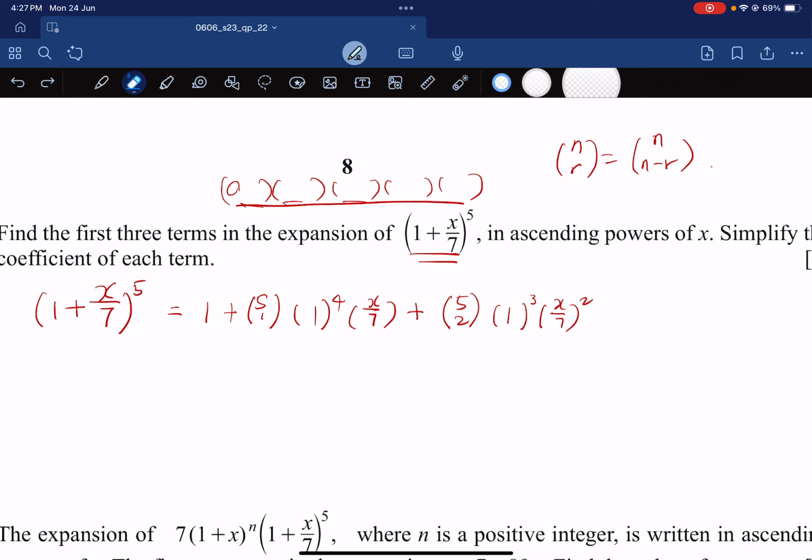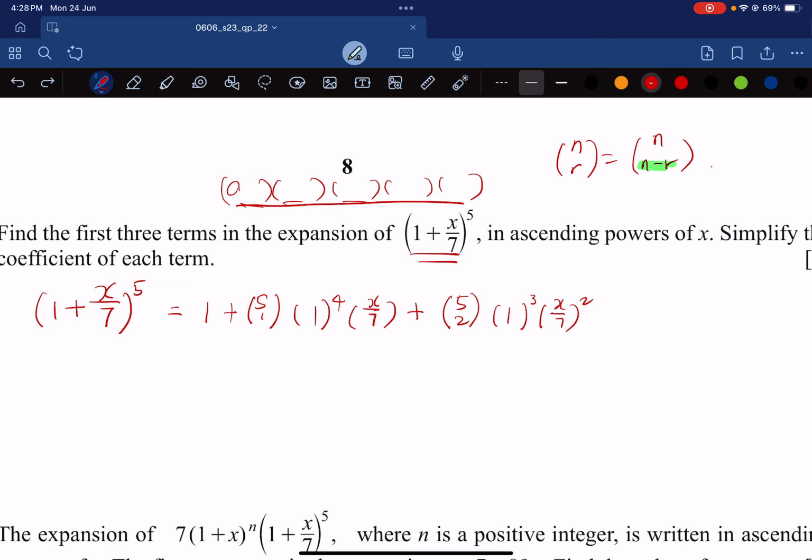This is not a coincidence, because when you choose r out of n, it means that you are also choosing the remaining items. After you have chosen r items out of n, then n minus r is the remaining items. It's the same as putting the remaining items aside. Then that is one way of choosing.